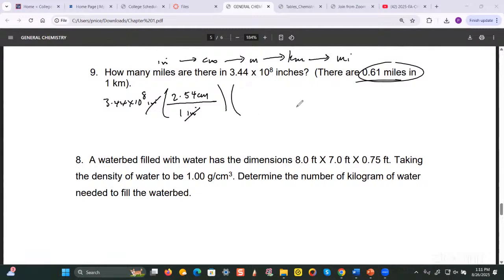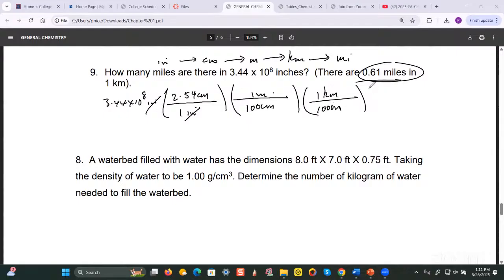And then from centimeters to meters, we know that 100 centimeters is equal to 1 meter. And then we can go from meters to kilometers. 1 kilometer is equal to 1,000 meters. So we're going to put 1 kilometer here and 1,000 meters here.